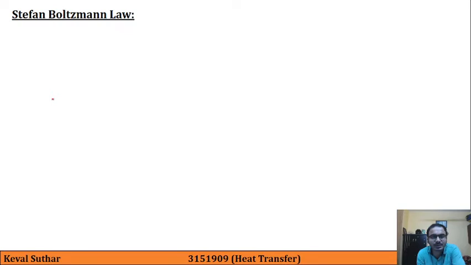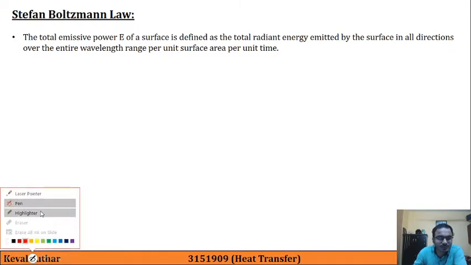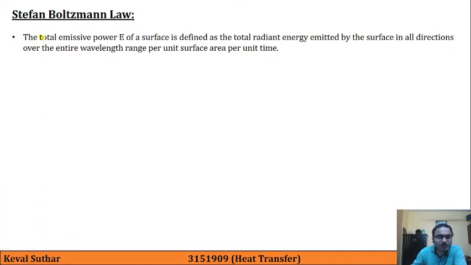Our next theory is the Stefan-Boltzmann law. So first we need to understand the definition. The definition is for total emissive power E of a surface.